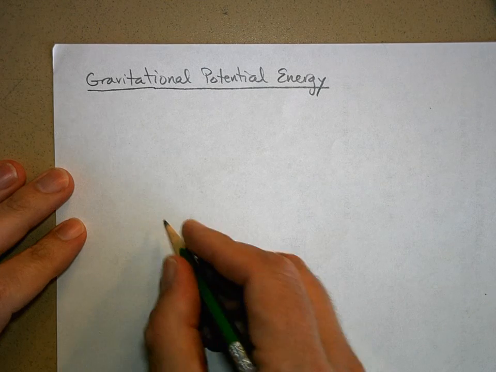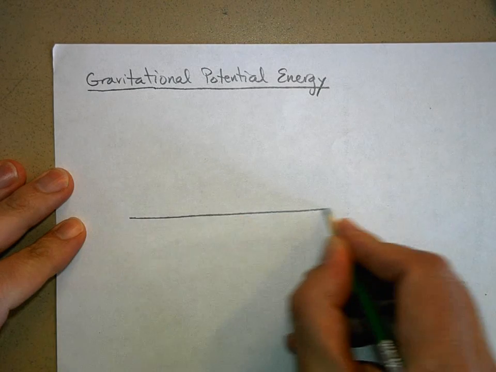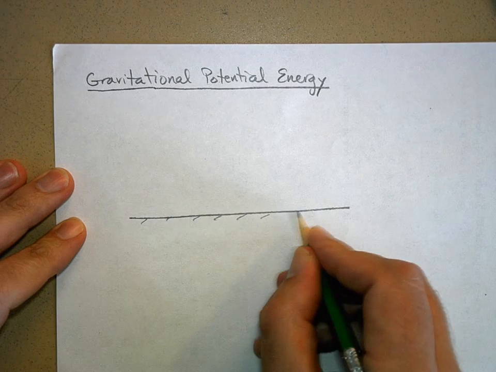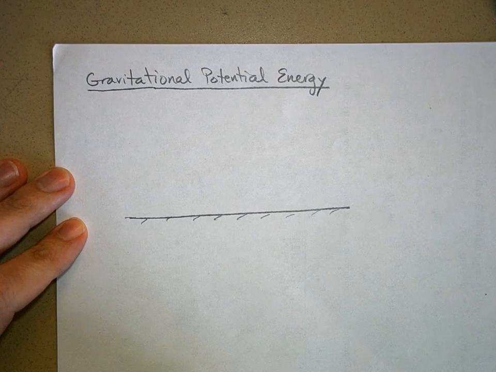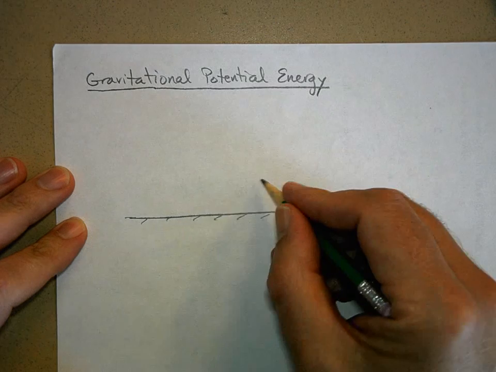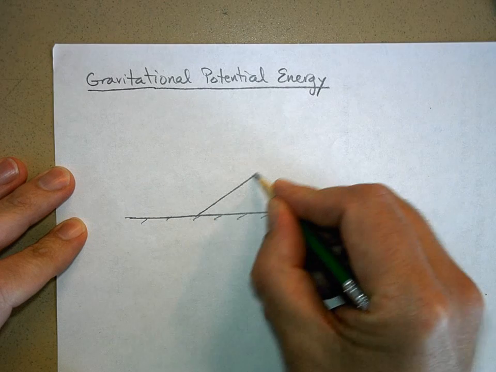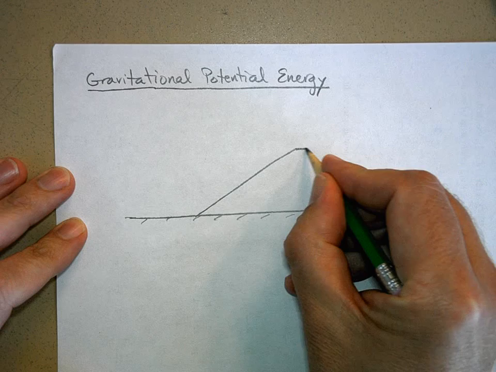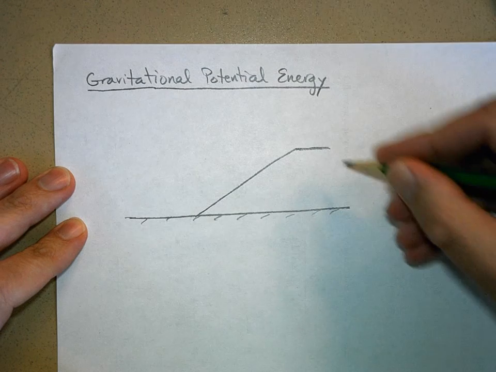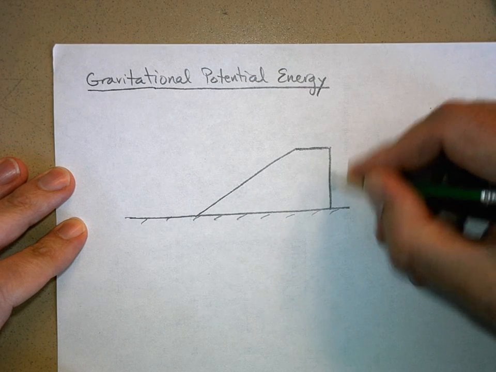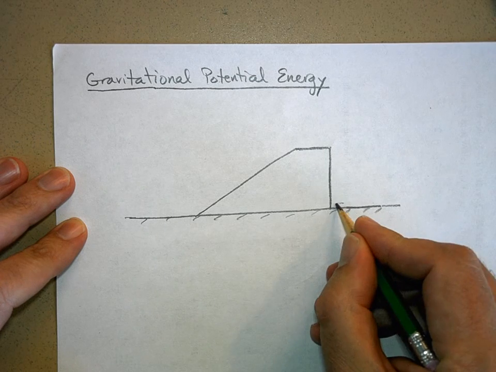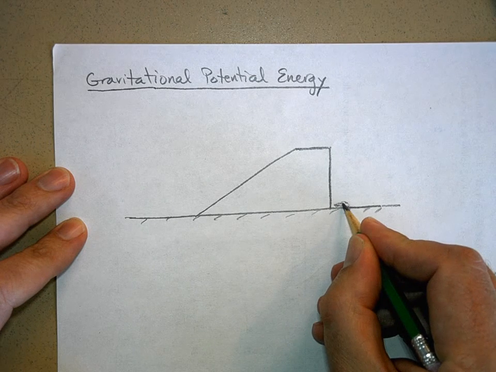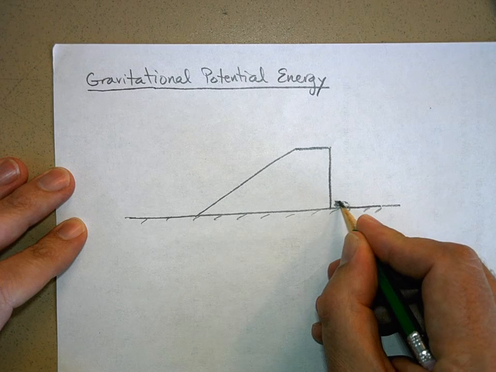Now let's suppose I've got a horizontal surface, and I'm going to put a ramp right here. Here's a little platform at the top of the ramp, and then it just kind of drops off. And right here is a sleeping cat. Okay, so it's all curled up.